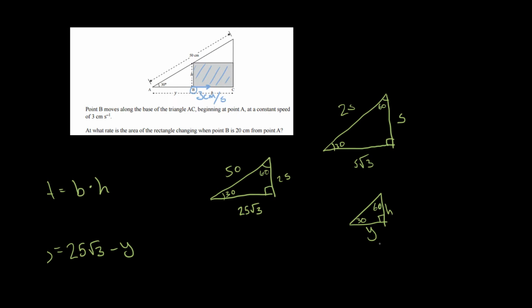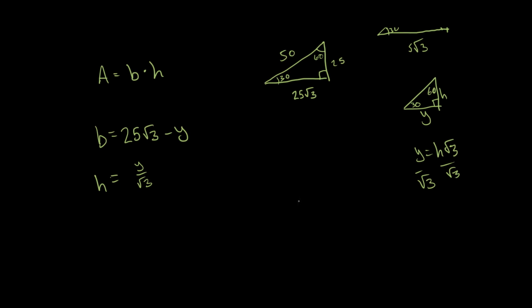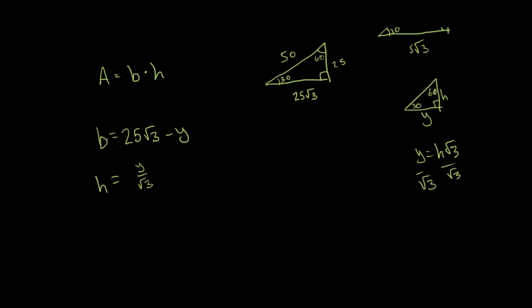That means Y is root 3 times H. So if I want to write H in terms of Y, Y is equal to H root 3, so you just divide both sides by root 3, and we get H is equal to Y over root 3. Cool, so now we have both B and H in terms of Y.